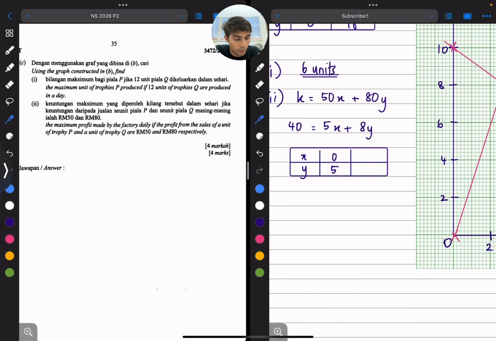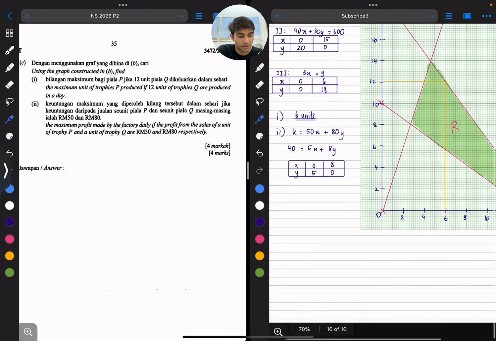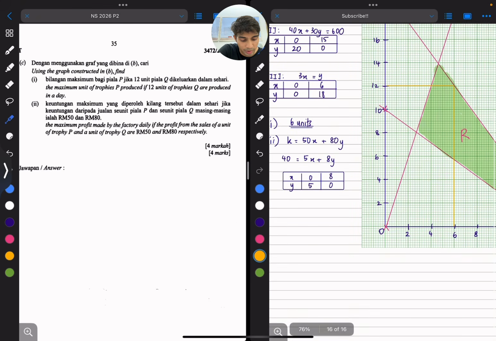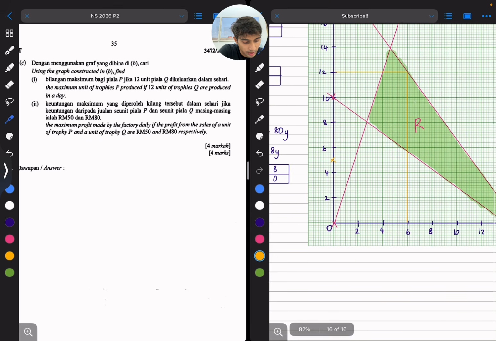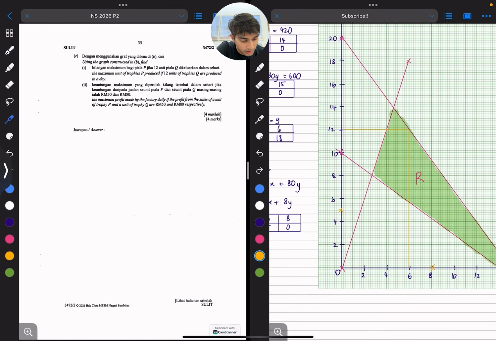When y is 0, x is 40 divided by 5, which is 8. This is why I use 40, because you get perfect values. So now we can draw this dummy line: x 0, y 5, y 0, x 8.